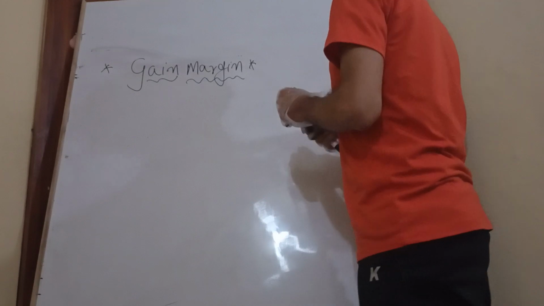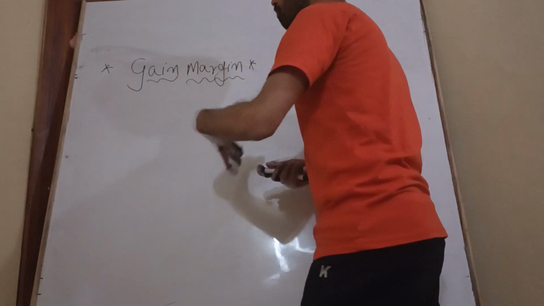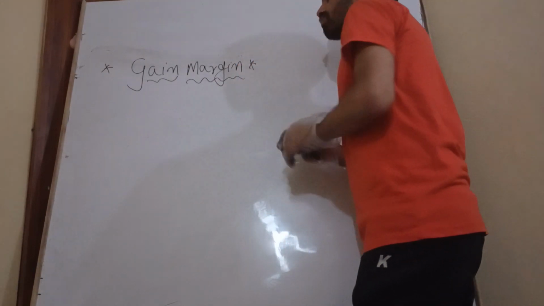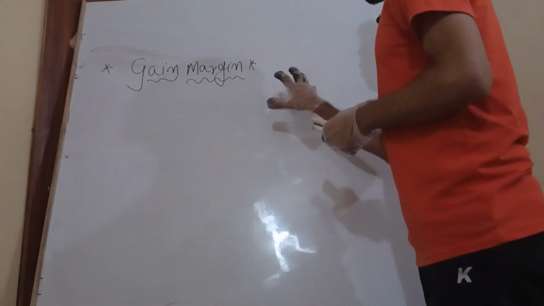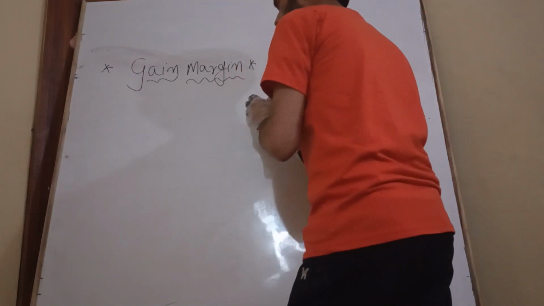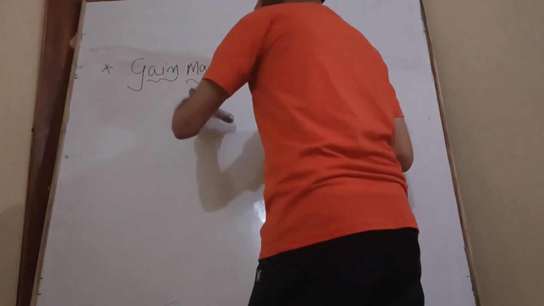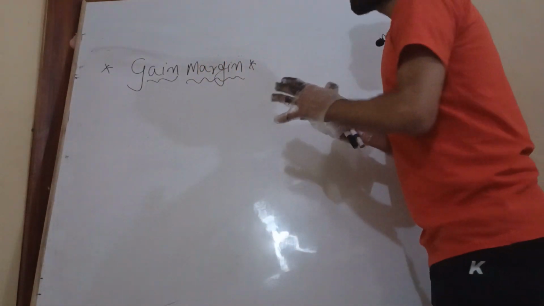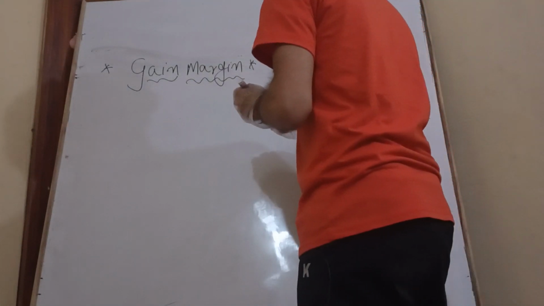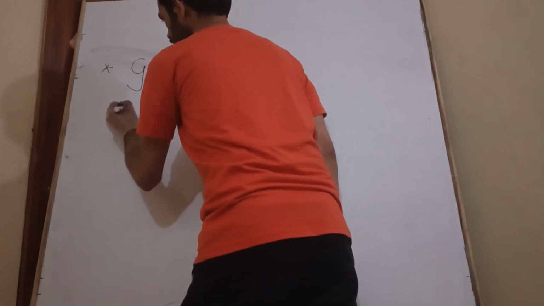Gain margin is a factor by which the transfer function of the open loop system is multiplied so that the closed loop system will become stable. So you can also write it like this. So gain margin is what?